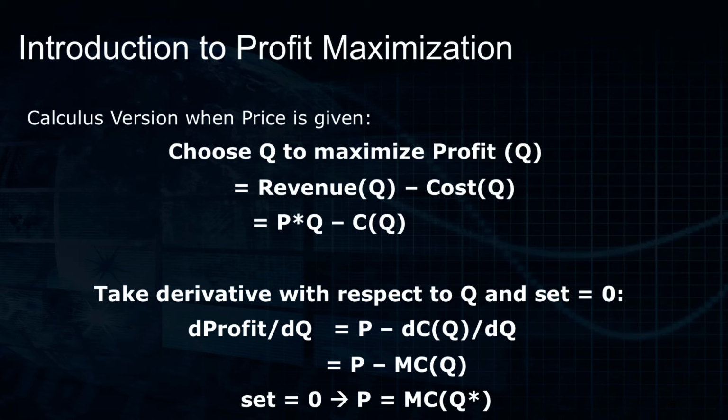Our derivative of profit with respect to Q equals price minus the derivative of cost with respect to Q. Remembering that the derivative of cost with respect to Q gives us the marginal cost, that expression simplifies to price minus marginal cost. Setting this equal to 0, we get price equals marginal cost. The Q that solves this expression, we call Q star. That's the quantity at which we want to produce in order to achieve maximum profits.